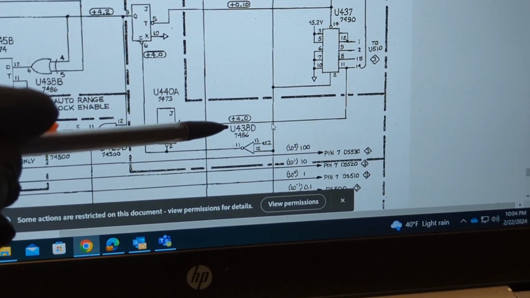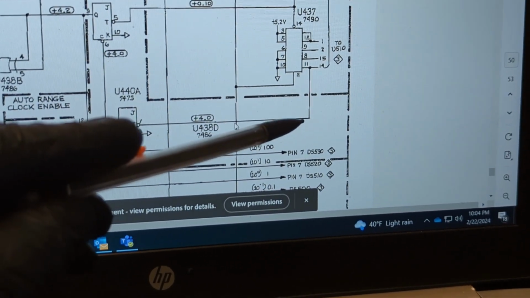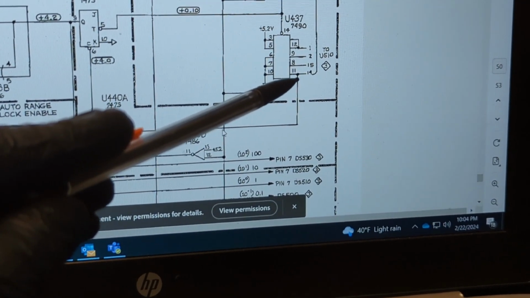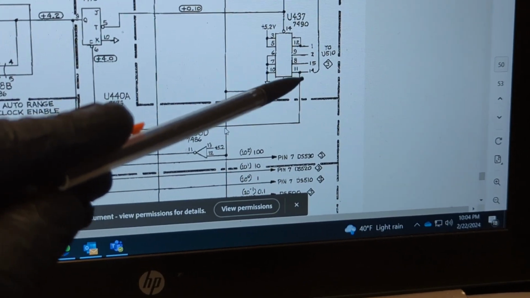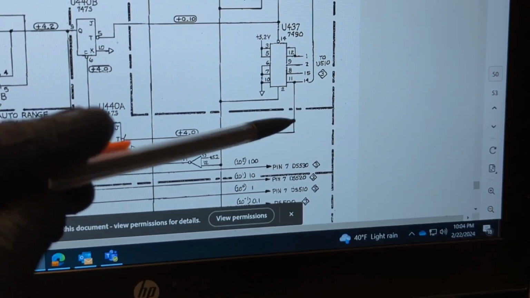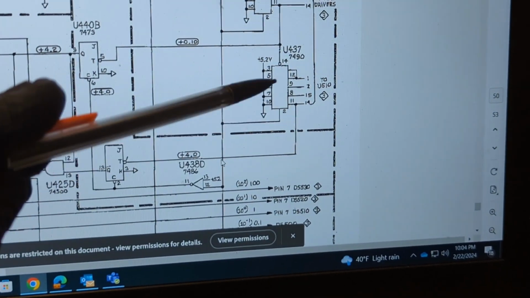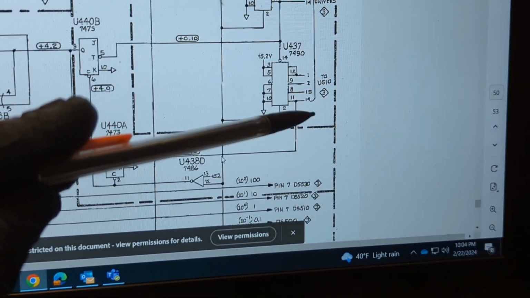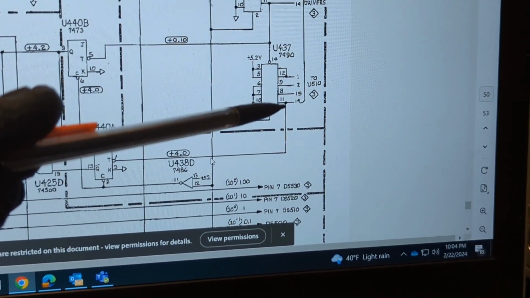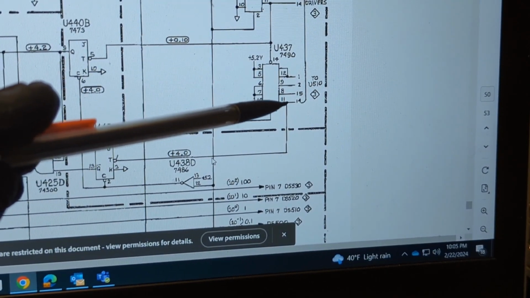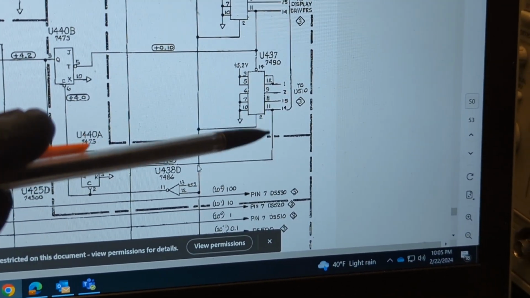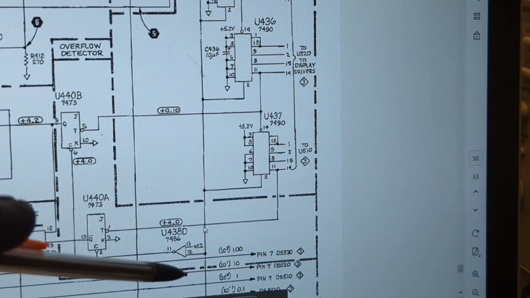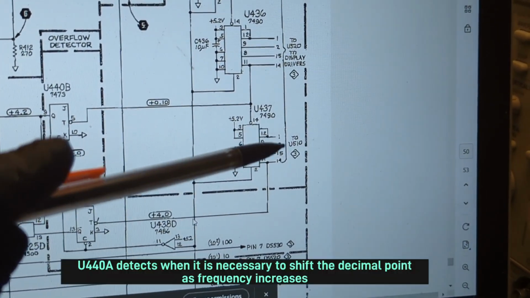That comes from pin 11, which is another BCD output on U437. There should have been some sort of BCD signal on that pin if all of this was working properly, and we had 0 volts. We can probe that now.